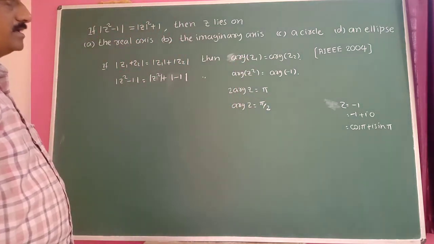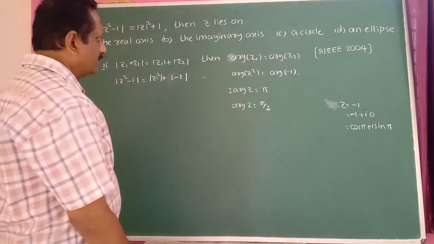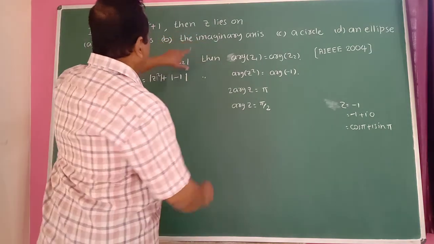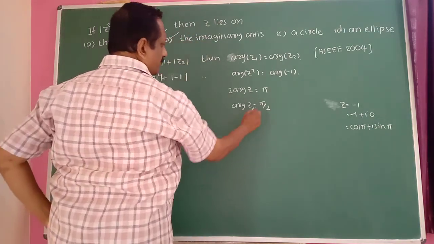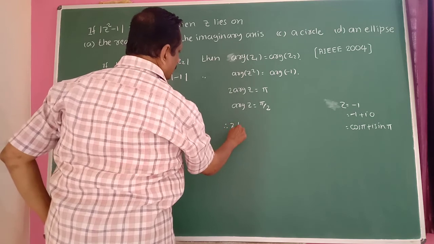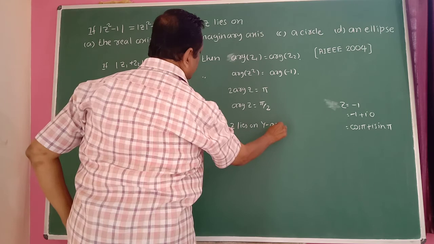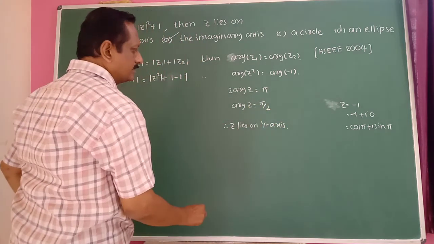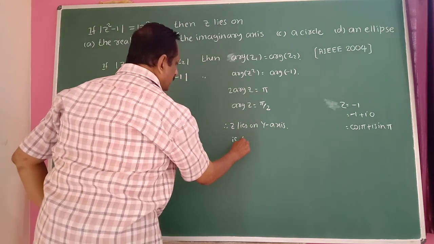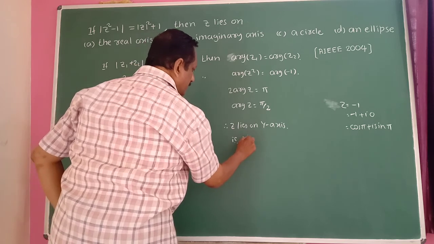Argument of z is pi by 2, which means z lies on the imaginary axis because of pi by 2. Therefore, z lies on the y axis. That is, it lies on the imaginary axis.